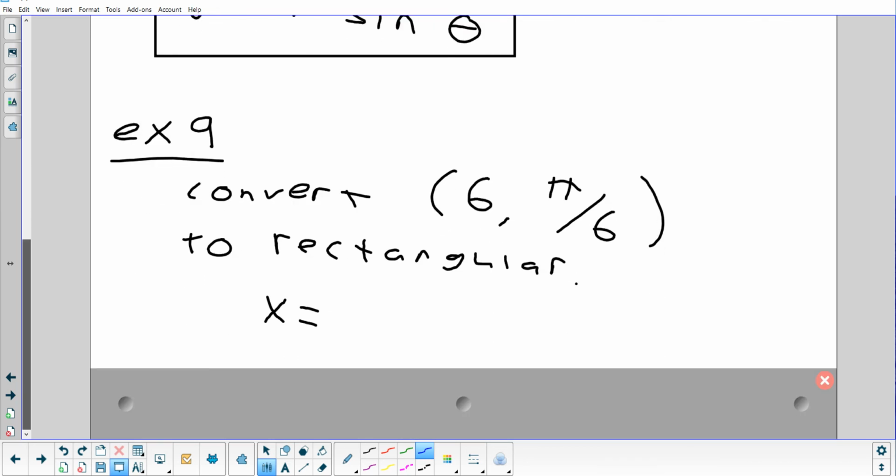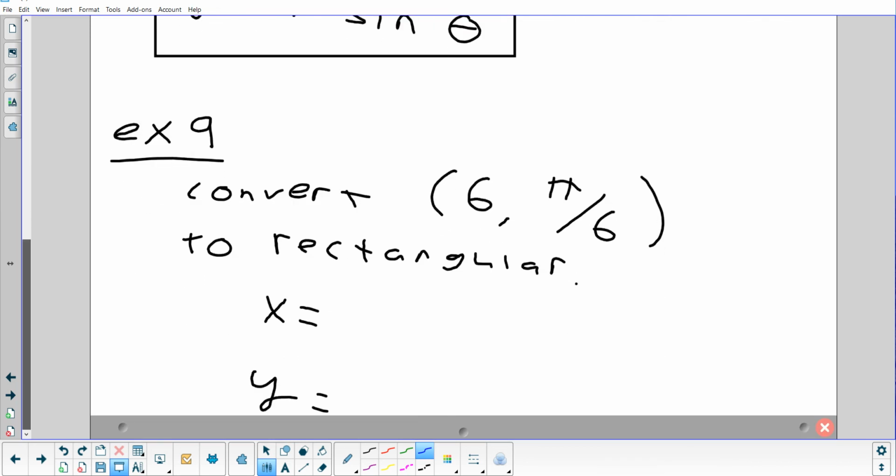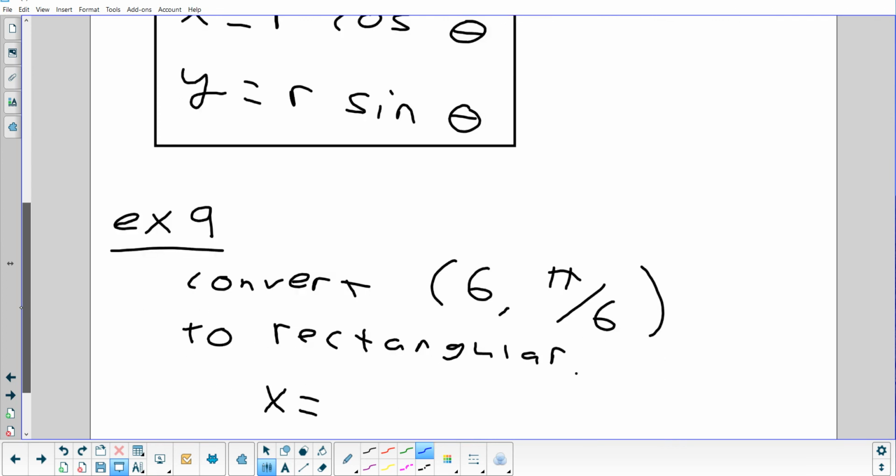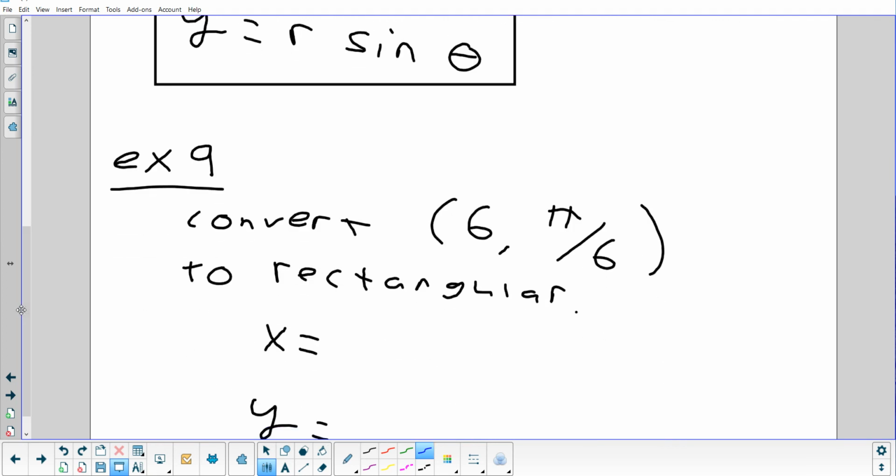All right, so 6 comma pi over 6. You don't have to tell me what the exact answer is, but can somebody tell me what my formula for x would be, filling in those 2 numbers in those 2 spots? Right?